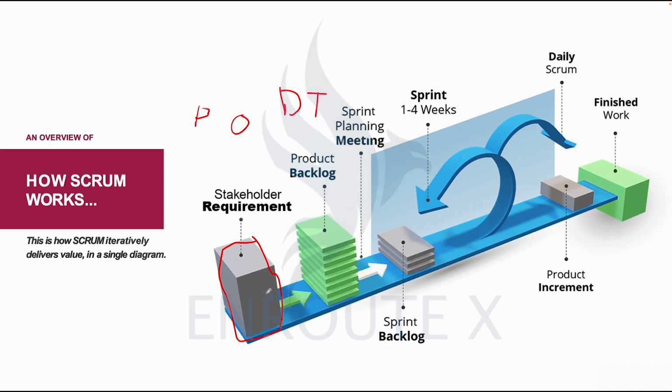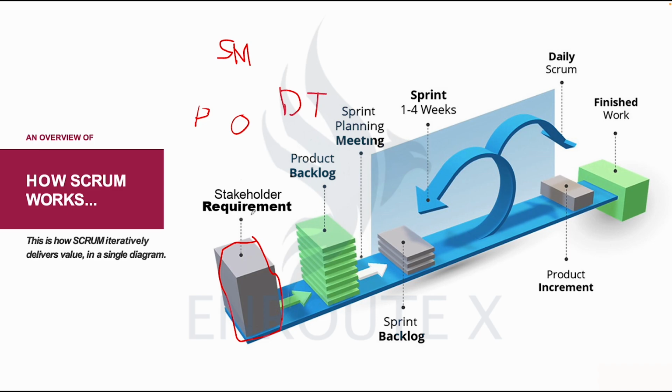In a nutshell, they work together, and of course there's a Scrum Master ensuring that all things are done properly. They sit together and break the requirement into smaller bits.